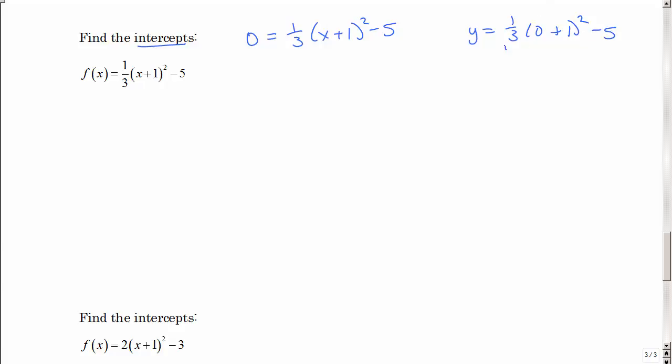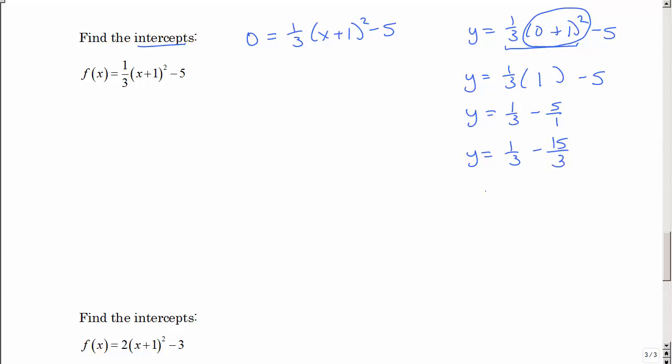Okay, so I'm going to do this one over here first. It looks a little bit easier. So remember we have to do that. 0 plus 1 squared is 1. So we have 1/3 minus 5 over 1. Find a common denominator. So that's negative 14/3.